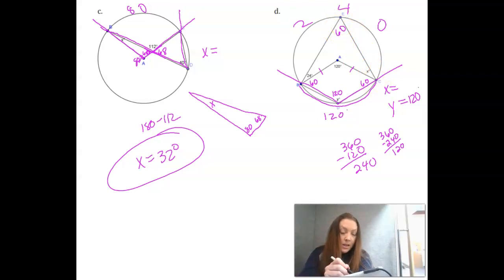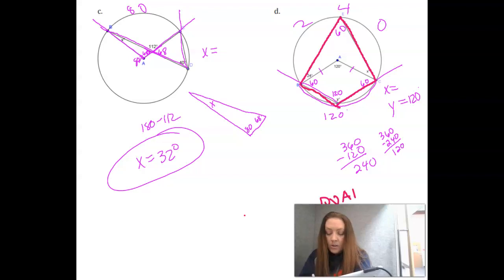And then let me get a different color so you can see the quadrilateral that I want you to see. We're talking about this quadrilateral right here. Ignore the lines in the middle. So quadrilaterals, the angles all have to add up to 360. Okay? So I know the top angle is 60. This left angle is 84.